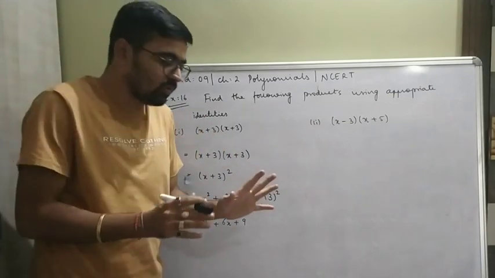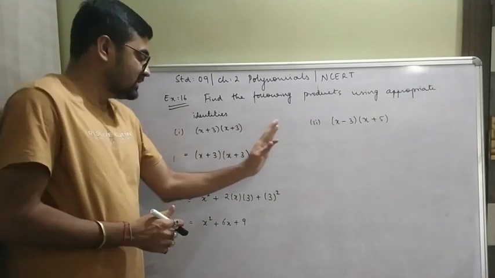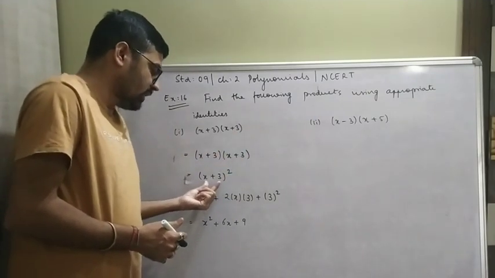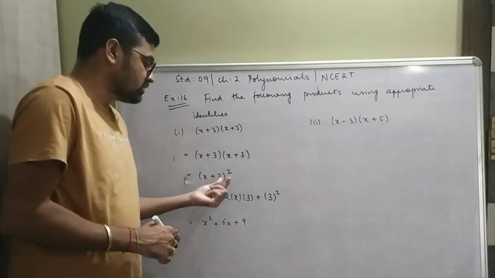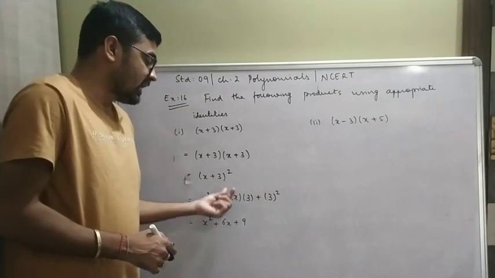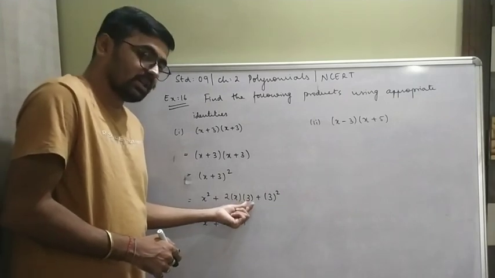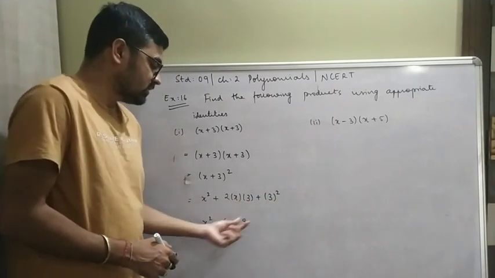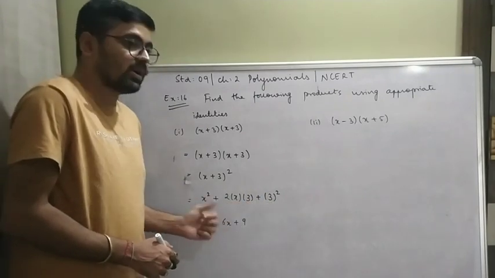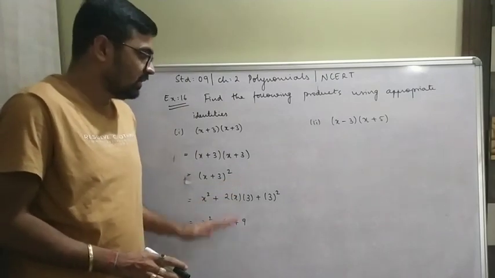The logic we have to apply is, by looking at the identity, it was x plus y, and instead of y it is 3 present over here. So wherever y is there, I put this 3. So x square plus 2x into 3 plus 3 square, and then simplified: 3 into 2 is 6x plus 3 square is 9. Very easy, very simple.